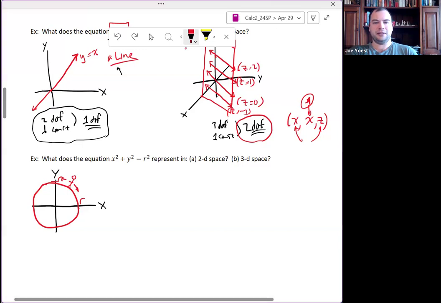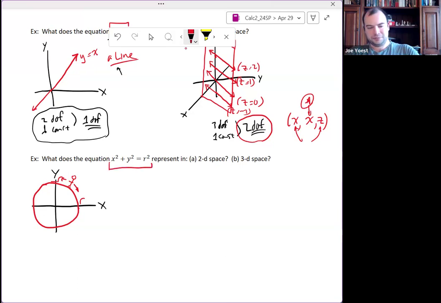This is what we would expect, starting with 2 degrees of freedom, imposing one constraint, being left with 1 degree of freedom. We get a one-dimensional object. We can choose where we're at on the circle, how far to go left or right from some starting point. But when I choose how far to go left or right from some starting point in conjunction with this constraint, that uniquely determines my position.